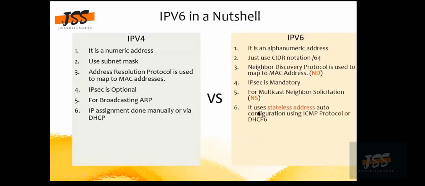But on IPv6, we can use stateless address auto configuration. Automatically, even if there is no DHCP server running, you will get the IP. Not to be confused with APIPA. No, it is not APIPA. You can have full communication with the help of this stateless address, even if there is no DHCP.